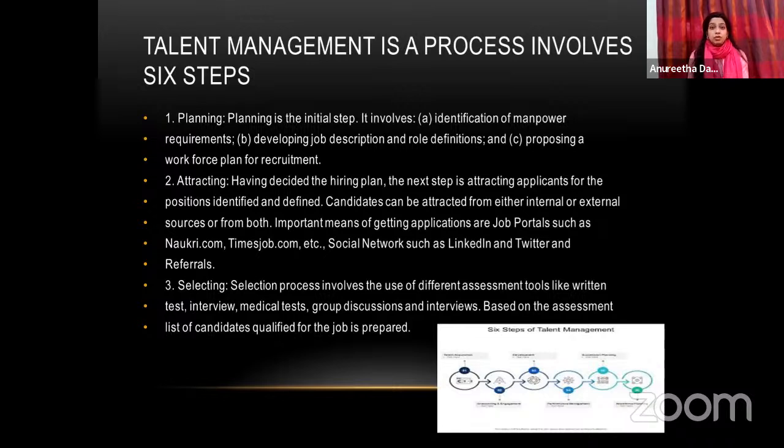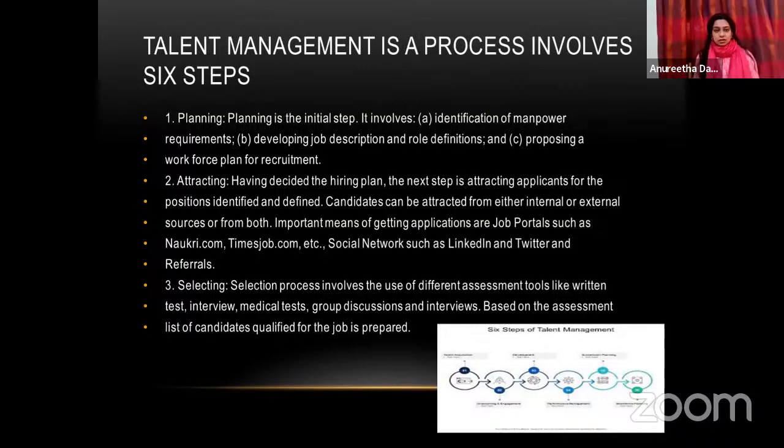I think now you know the importance of every step: the initial process itself is to plan, to define, identify, understand. So here also, in order to acquire talented people in the organization, you have to identify good people, identify the manpower, identify what you need to propose a good workforce for recruitment.